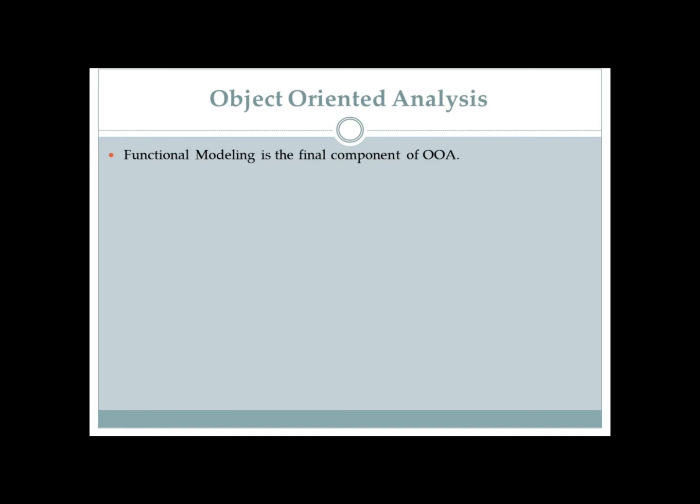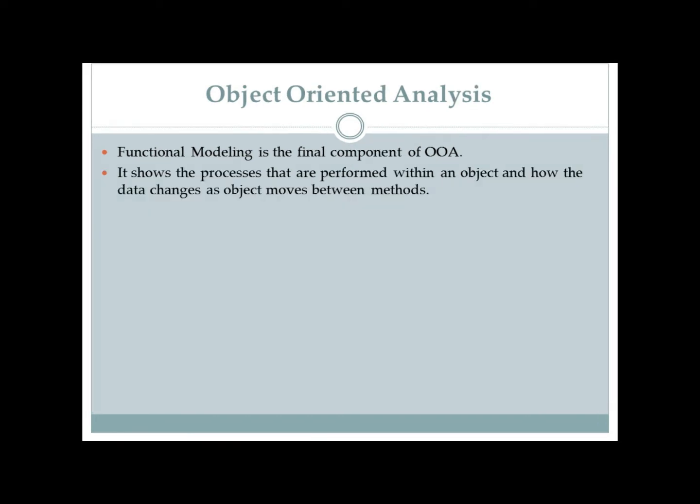Another technique of object-oriented analysis is functional modeling. It is the final component of object-oriented analysis. Functional modeling shows the processes that are performed within an object and how the data changes as the object moves between methods. To explain this statement, we will have an example.